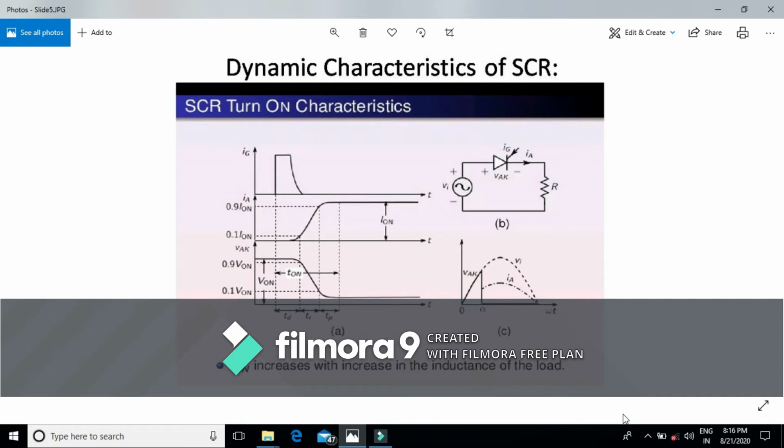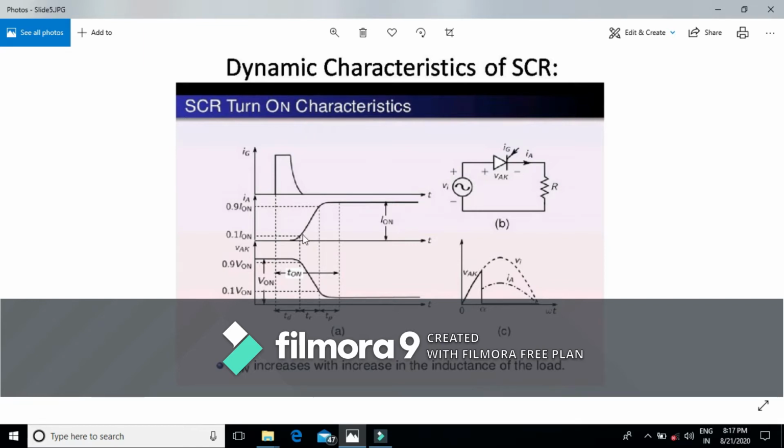This delay time can be decreased by applying high gate current and more forward anode to cathode voltage. The delay time is a fraction of a microsecond.